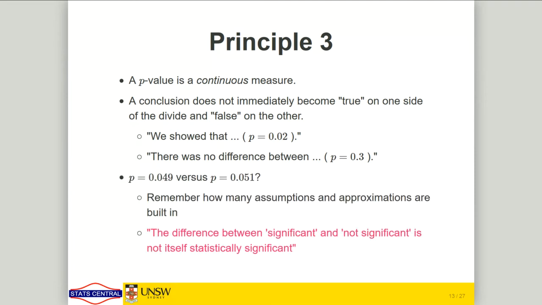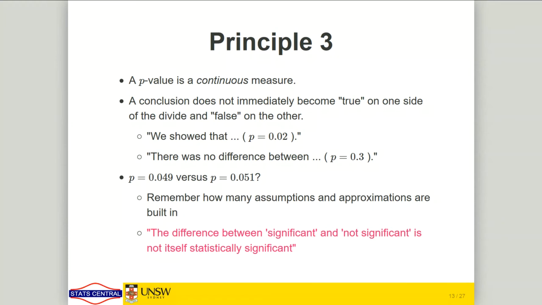So what about the situation where you're pondering a p-value of 0.049, which is just significant, and comparing that to one which is just non-significant, 0.051?